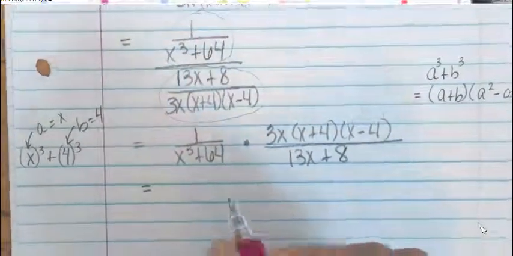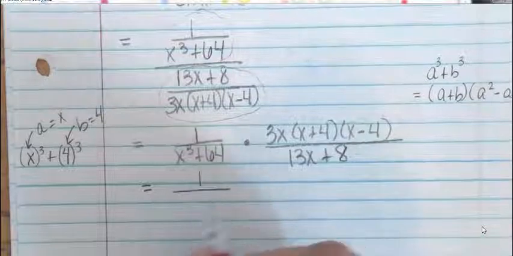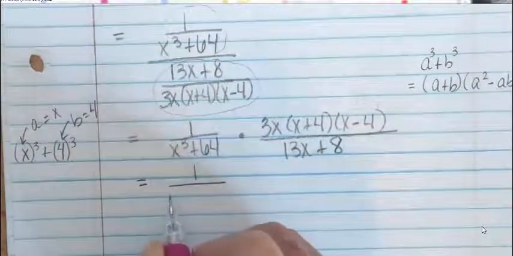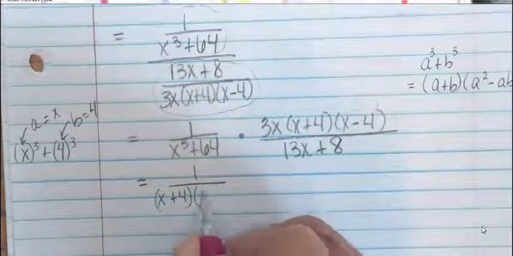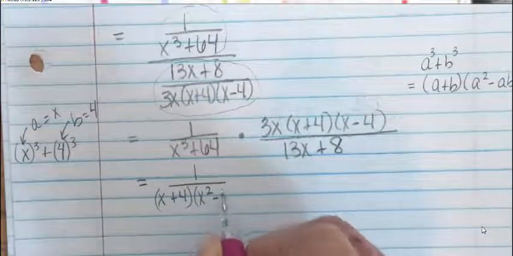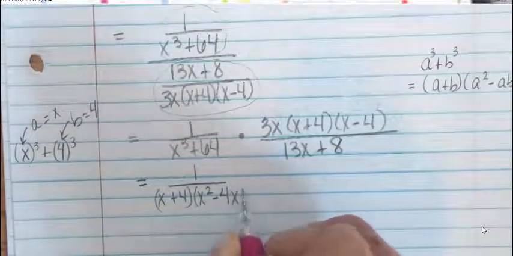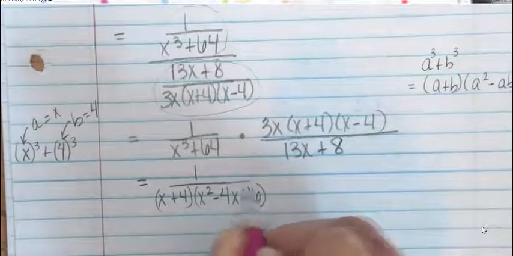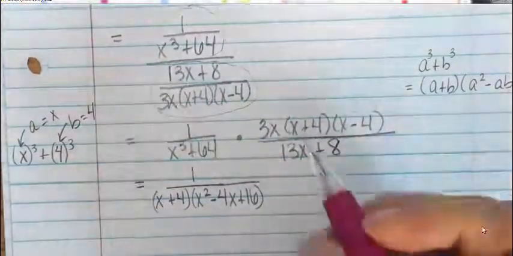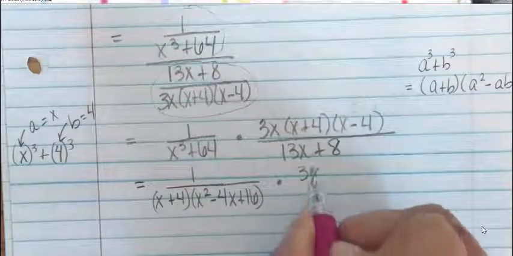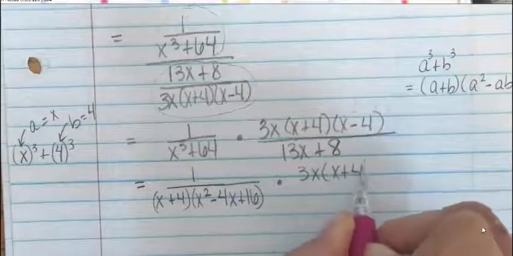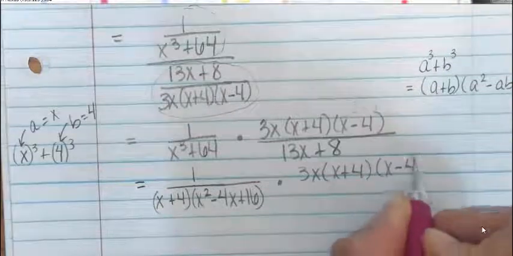So I'm going to go ahead and factor this denominator in my first fraction. So I'm going to have x plus 4, x squared minus 4x plus 16, times, and then this was a 3x times x plus 4, x minus 4.